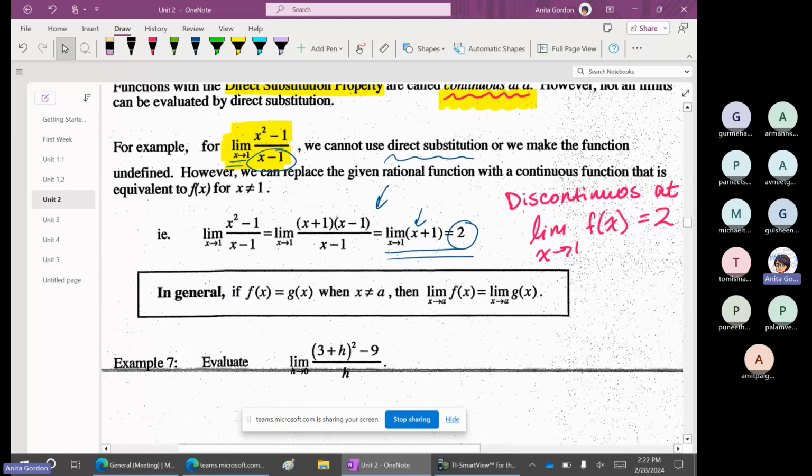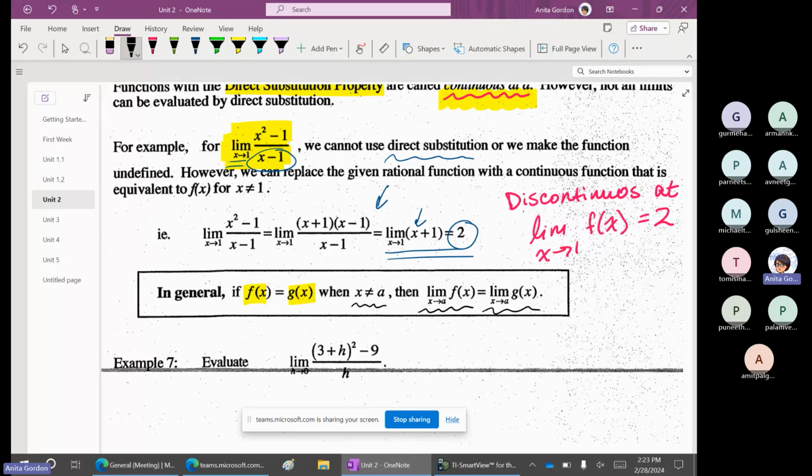Okay, in general, if we have a function f that equals the function g when x is not a, then the limit of f and the limit of g will also be equivalent.